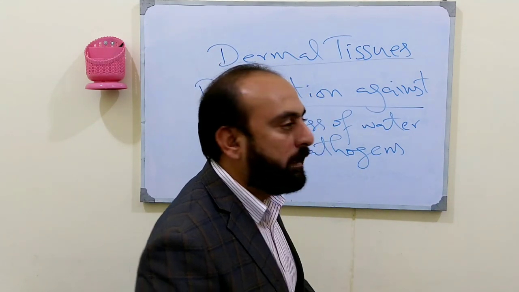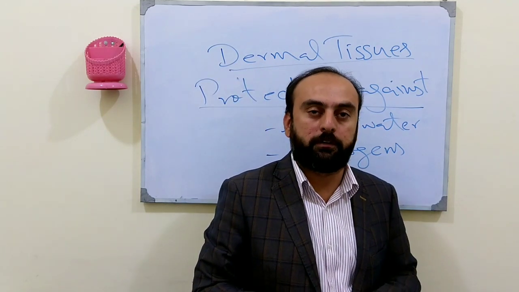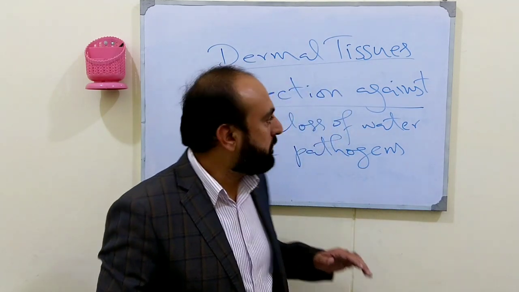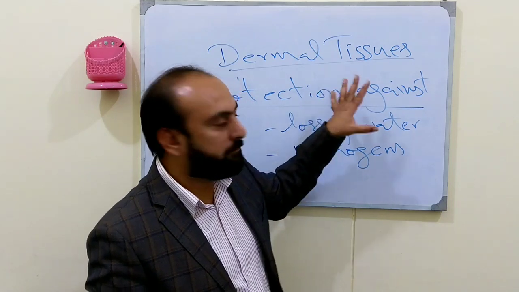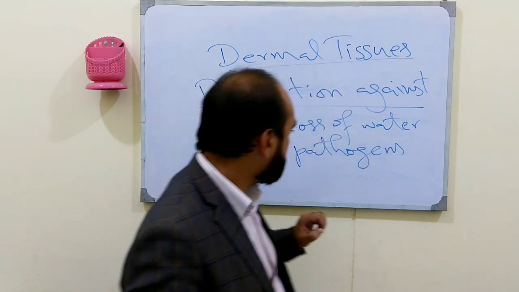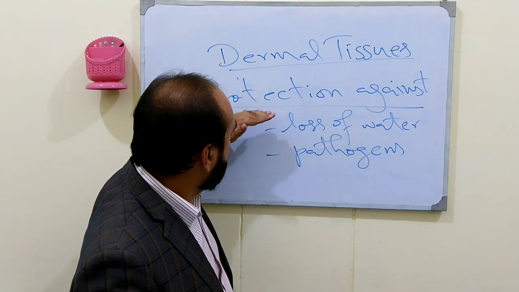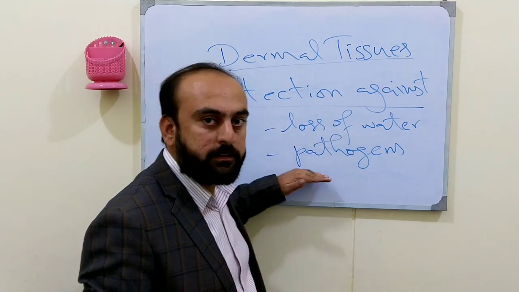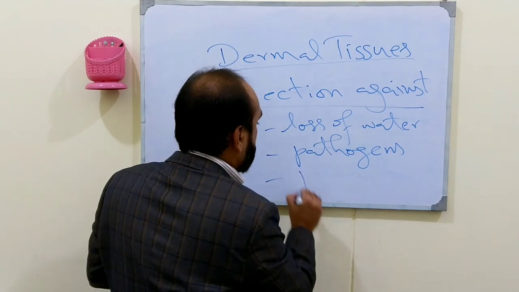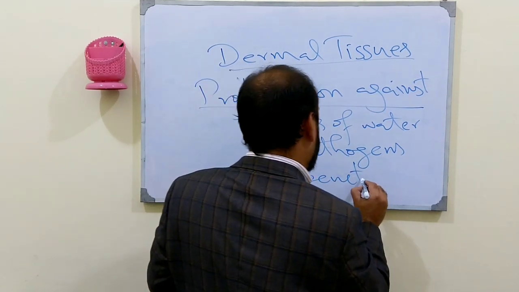So how fast a horticultural commodity loses water by transpiration depends on the type and thickness of these dermal tissues. So dermal tissues protect against loss of water, against pathogens, and against the penetration of chemicals.